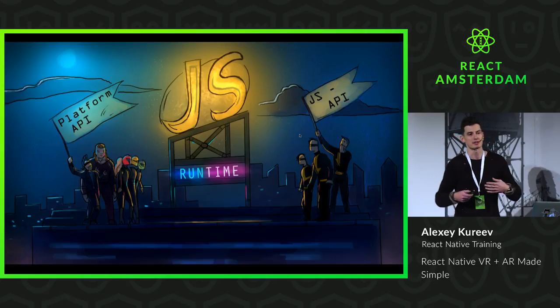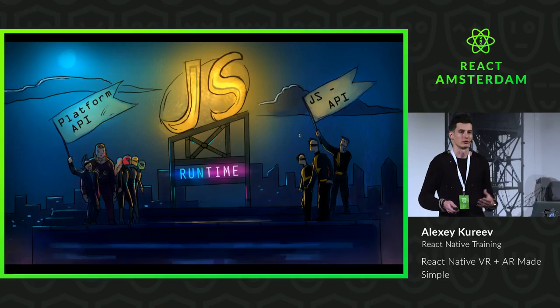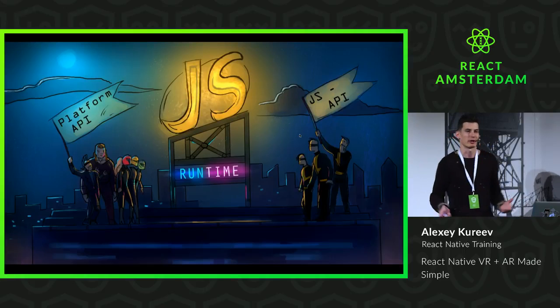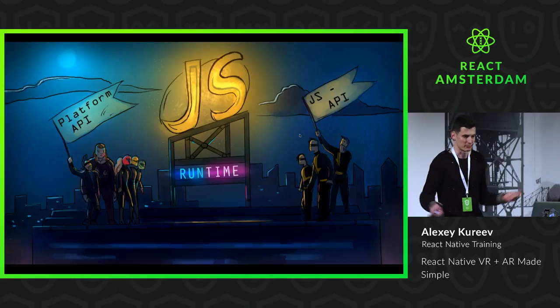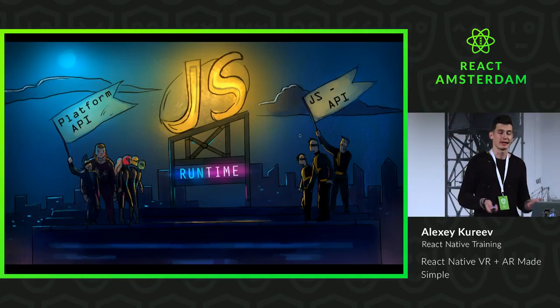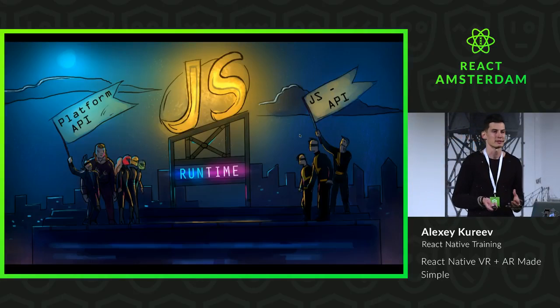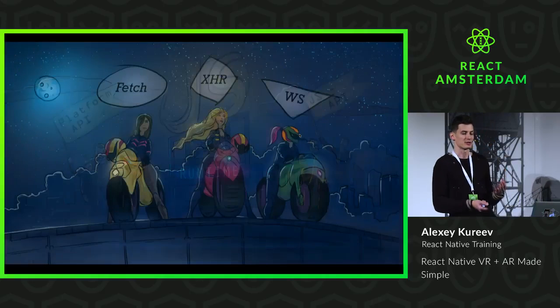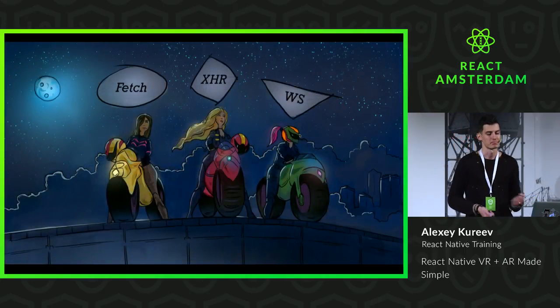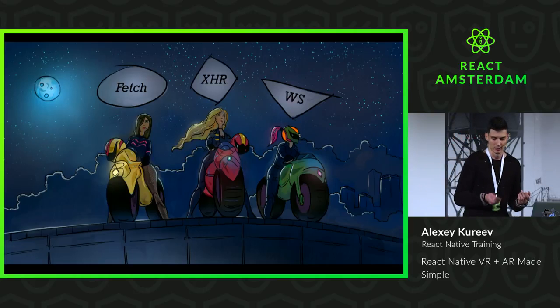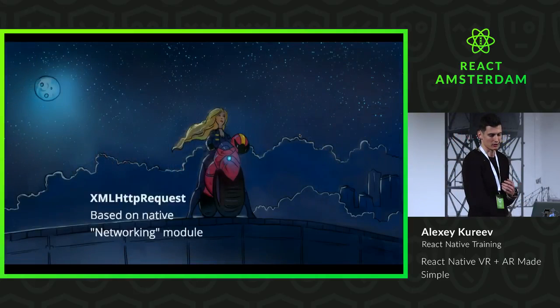So it can provide some additional APIs to the standard ECMAScript API and whatever we have in our JavaScript runtime. So in this case, it's basically the responsibility of React Native as a platform to provide us these three APIs, right? And that's what we're going to talk about in the first part of this talk.